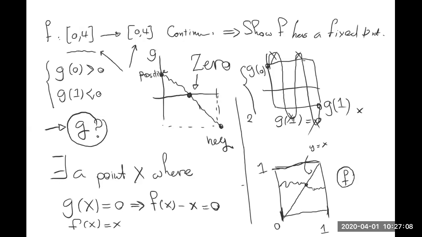Okay, so we can look at the second question. The second question is about a function f being uniformly continuous.